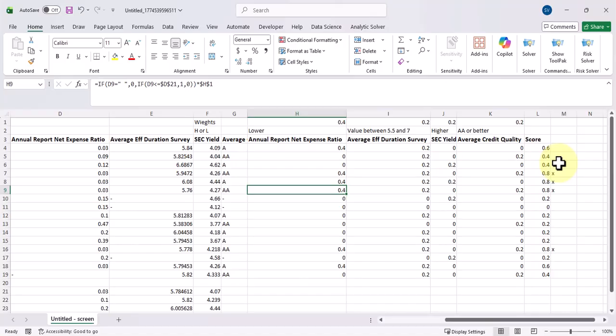Maybe it's really important to me that it has a very low expense ratio, so I may want to up that weight, while the credit quality may not be as important to me. In this case, though, I think I've got a good selection. I'm going to take a look at these 4 investments and try to get an idea of which ones might be the best option.